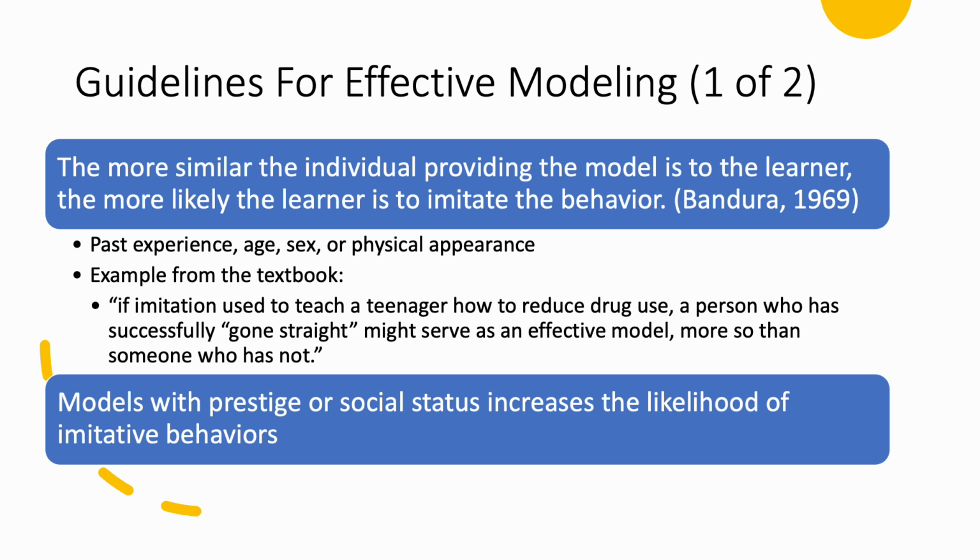There's an example in your textbook that says, if imitation is used to teach a teenager how to reduce drug use, a person who has successfully gone straight might serve as an effective model more so than someone who has not. I have had a similar experience in my practice. In my early years as a behavior analyst, we were working with a child, teaching him how to engage in deep breaths in order to relax himself.